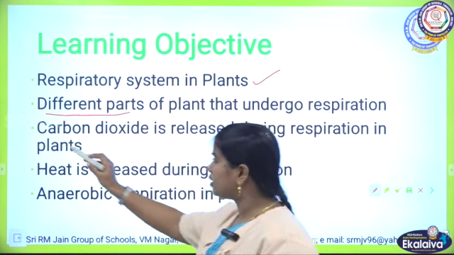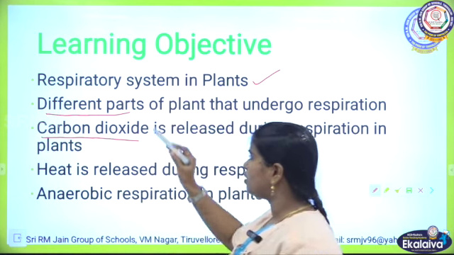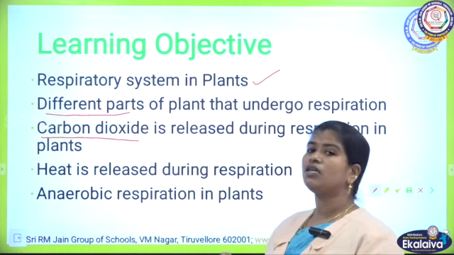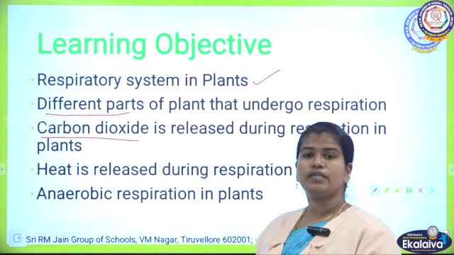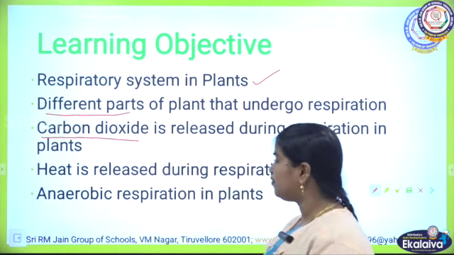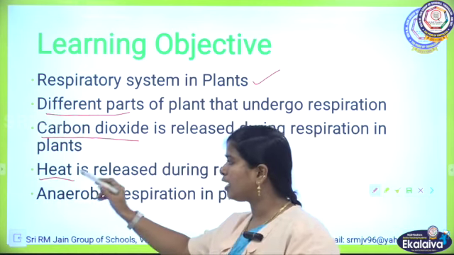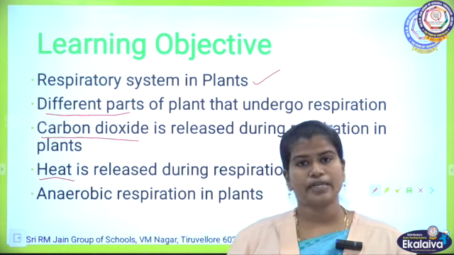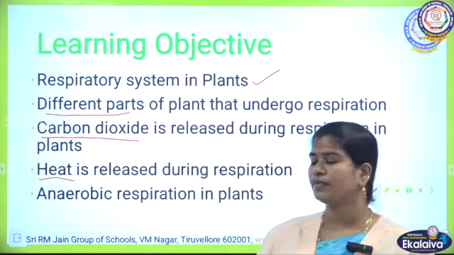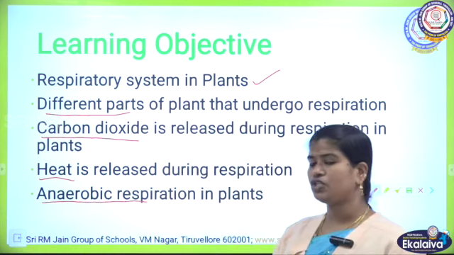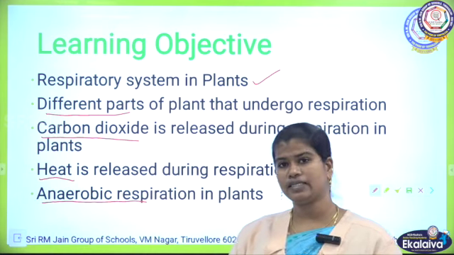We are also going to discuss the activity that proves that during respiration carbon dioxide is released, and the activity that proves that during respiration heat is evolved. And also the anaerobic respiration in plants. Now let us start the class.